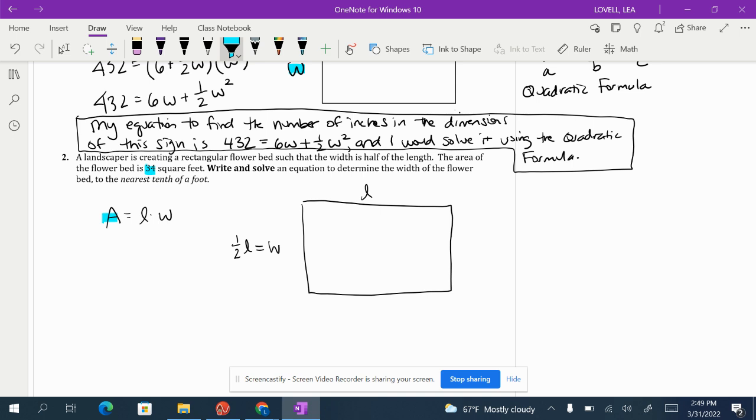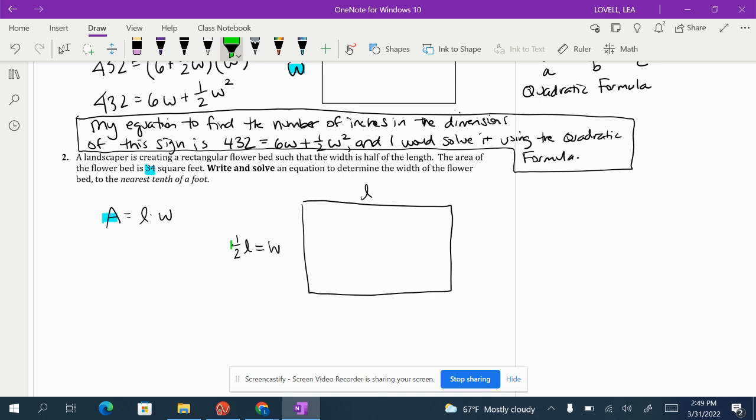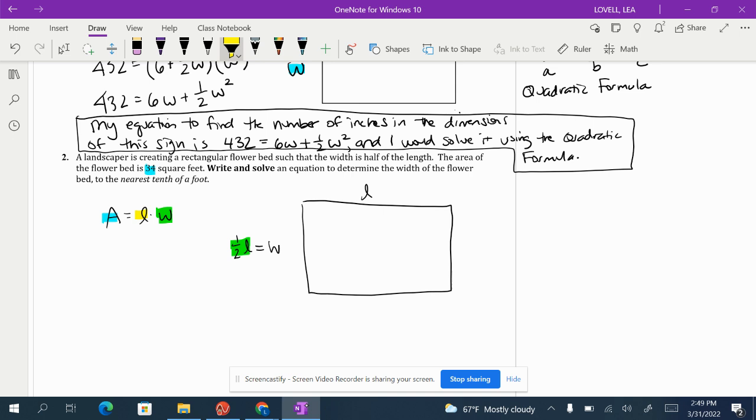So we have an area of 34 square feet. We have a width of 1/2 L, and then we have a length of just itself, L. So let's substitute all of our known values into the formula. I have 34 equals L times 1/2 L.